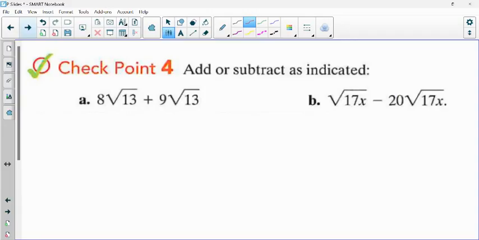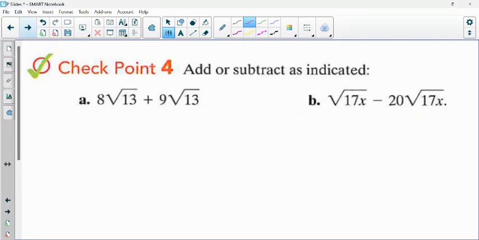Alright, so here's our checkpoint that we try these two. So we have 8 root 13 plus 9 root 13 as one of them. And then we have root 17x minus 20 root 17x. So these problems are nice and straightforward because you already have the like radicals.